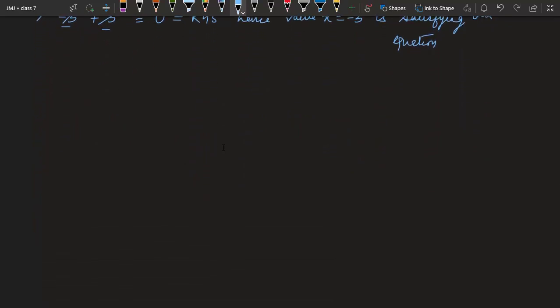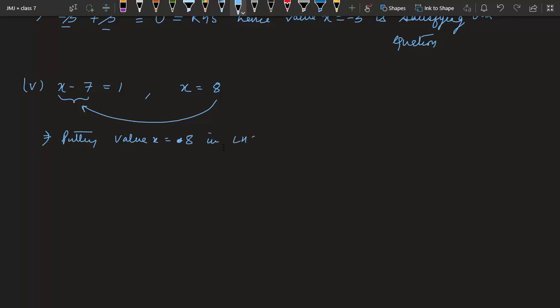Now if we take, suppose, fifth part, the equation given is x minus 7 is equal to 1, and they want us to check on x is equal to 8. Again same thing, we will take the left hand side, put this value in the left hand side and see whether the answer coming is equal to right hand side or not. So when we put the value, you will write the same language, putting value x is equal to, sorry, it is plus 8 only, in the given equation left hand side.